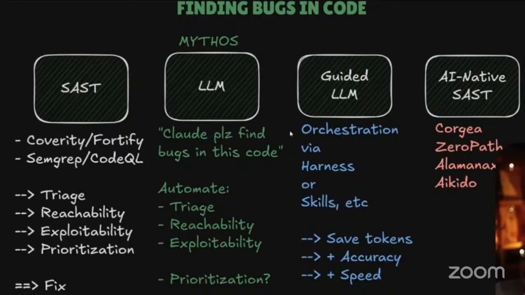Maybe it's impossible for user input to reach this piece of code. Is that actually exploitable? And then once you do all of those, you prioritize: of the remaining 100 vulnerabilities, which one should I fix first? Because the reality is you have limited resources. So this is the traditional static analysis process.